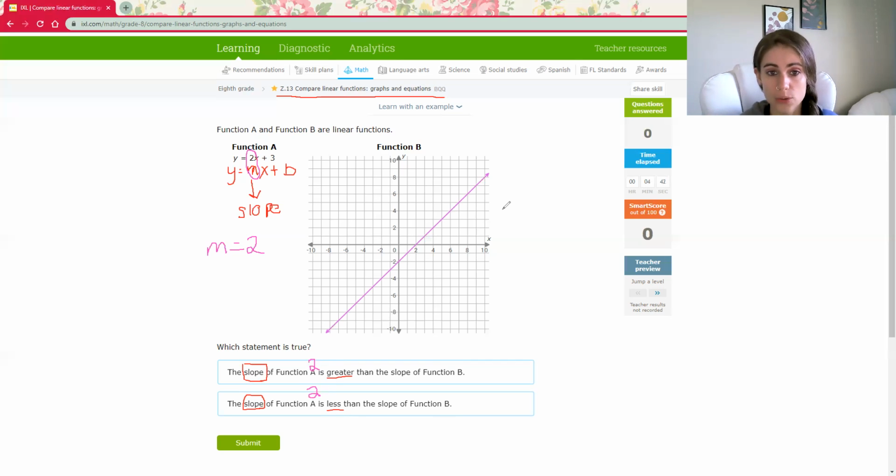So we have to count and see how much our y changes, so that's our rise, over how much our x changes, which is our run. So to find the slope from a graph, we're going to count rise over run, and that will give us our slope.